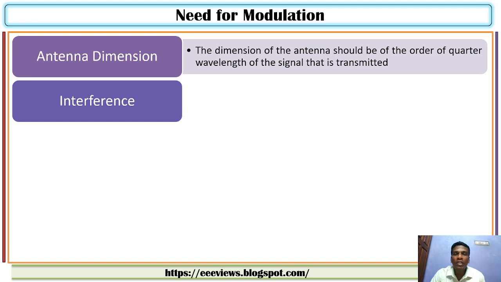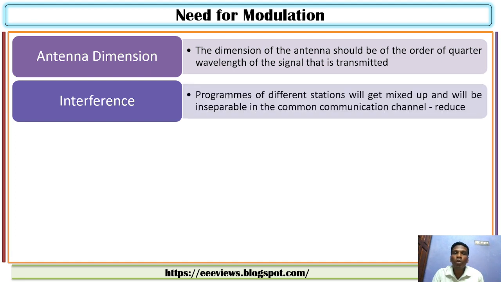How can I reduce this interference? By using a carrier wave. I can use a different high frequency carrier wave for each station. For example, in FM radio, 98.3 FM, 93.66 FM, like that we can have different frequency stations. So by using modulation I can reduce the interference.